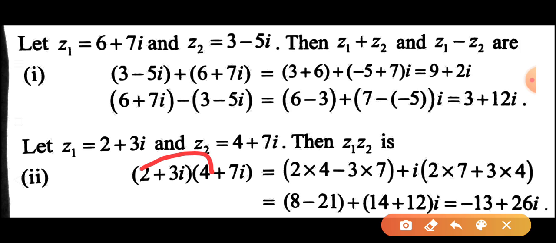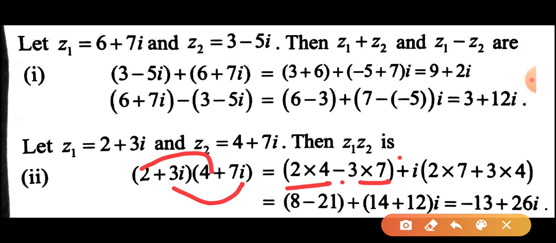Next minus 3 into 7, because 3 into 7 we write, but i into i is i square. What is the i square value? That is minus 1. So we put a minus symbol, and 3 into 7 is part of the real part.